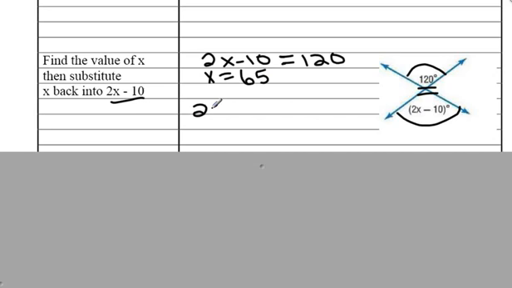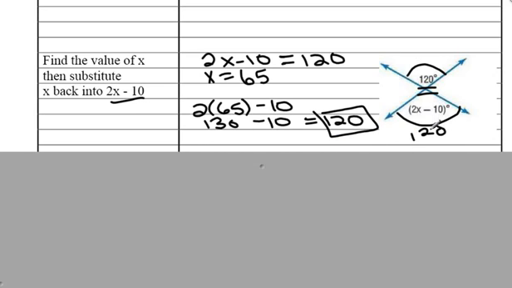So 2 times 65 minus 10. 2 times 65 is 130. And 130 minus 10 equals 120. So we got this expression equals 120, which shows us that the two angles are congruent.